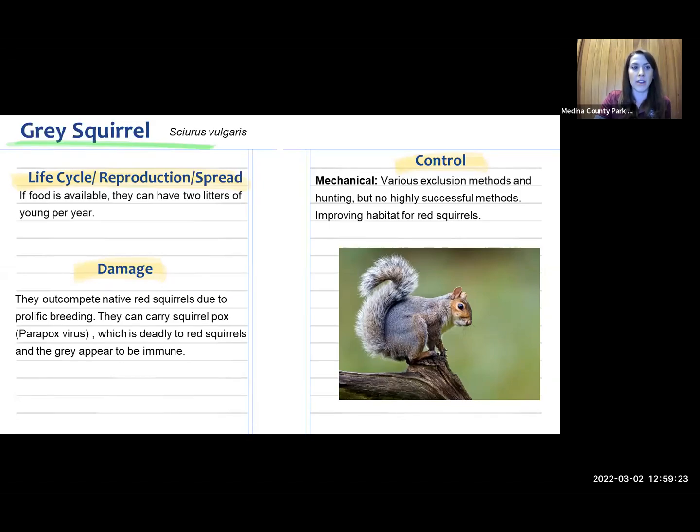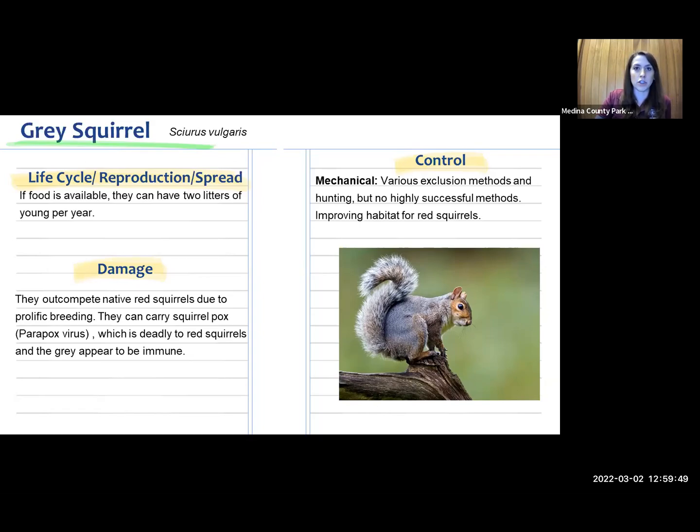And they have brought with them a disease, a parapox virus, which the gray squirrel appears to be completely immune to, but the red squirrel in the UK is dying to it. They're not immune to it like our gray squirrel is.